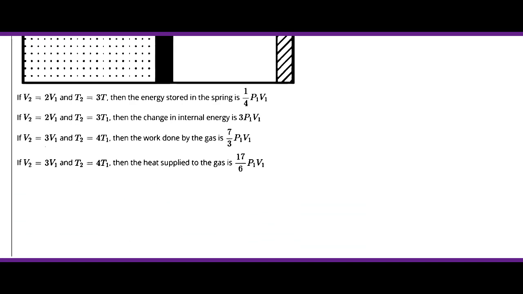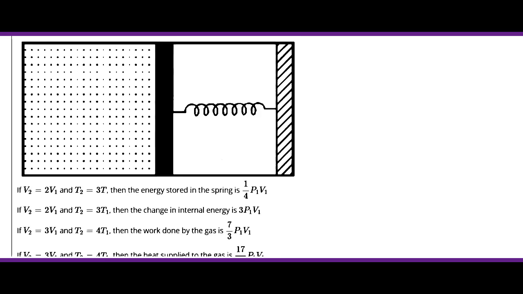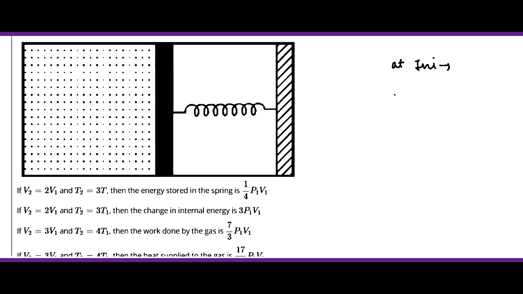There are 4 statements given in the question and we have to tell which statement is correct and which is not. So you can see this is my horizontal container or cylinder and this is my piston. Initially the pressure is P1, volume is V1 and temperature is T1.